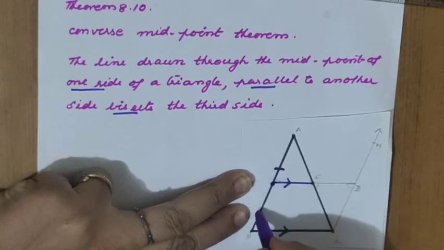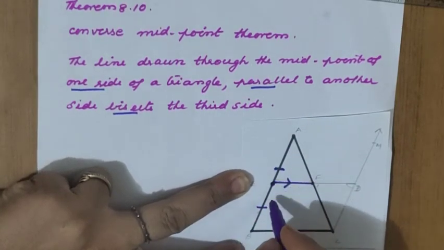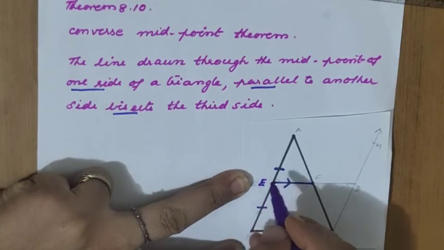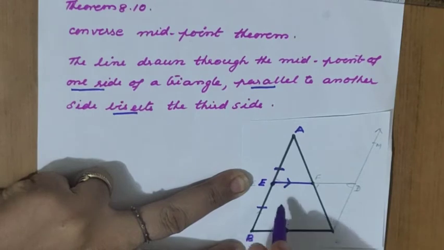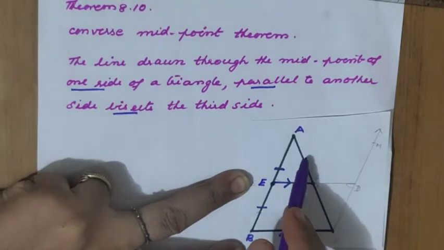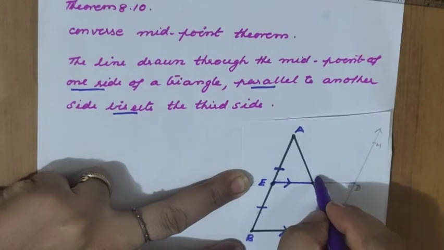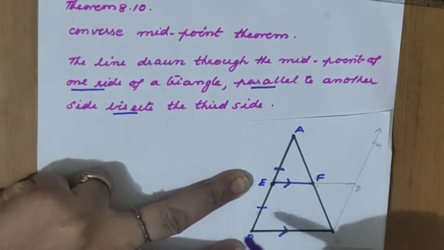If it is the midpoint, I can write like this: AE equal to EB. Now what is the second part? EF parallel to BC. Then this line segment bisects the third side. That means if this is meeting the third side at F, it should be bisected.